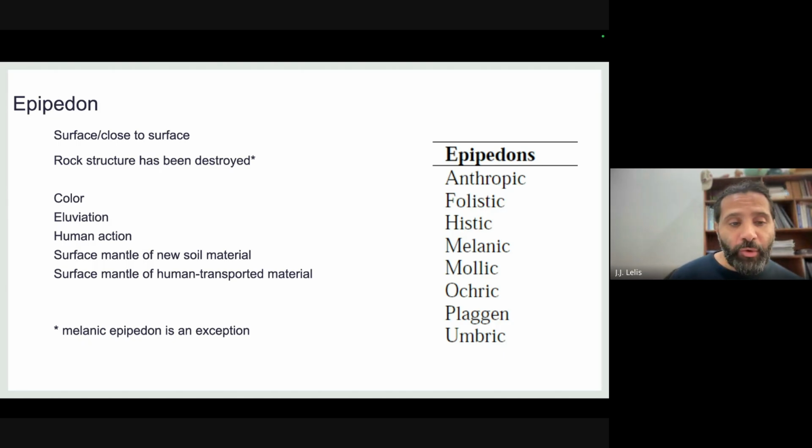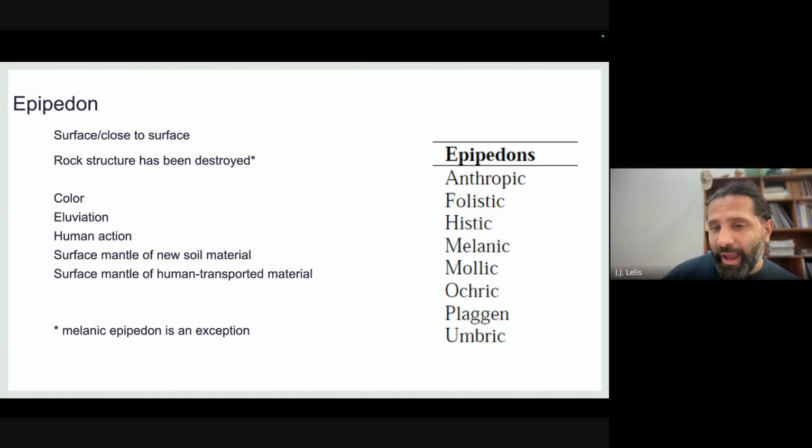Some of them could register human action, okay? Some of them can register a surface mantle of new soil material or human-transported materials that was eroded from upper areas or materials that was transported by humans, okay? All of them are related to A horizon patterns.